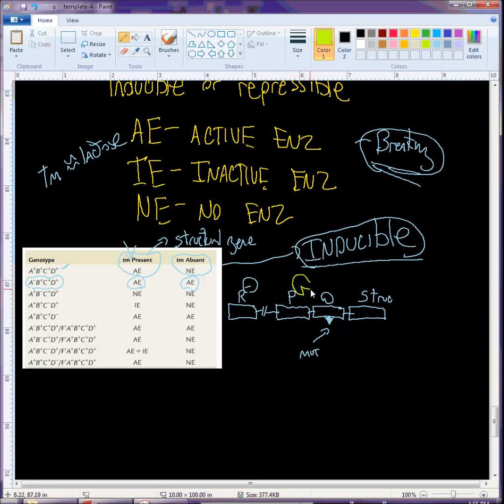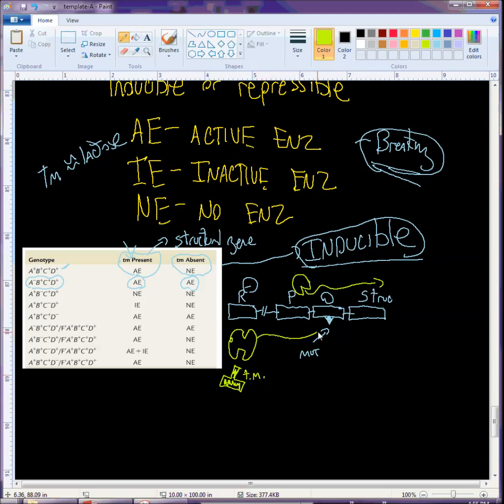where the structural gene is transcribed, whether or not the molecule is present. So let's assume the repressor has this shape when the theoretical molecule is not around or is not bound. This is our TM down here, theoretical molecule.